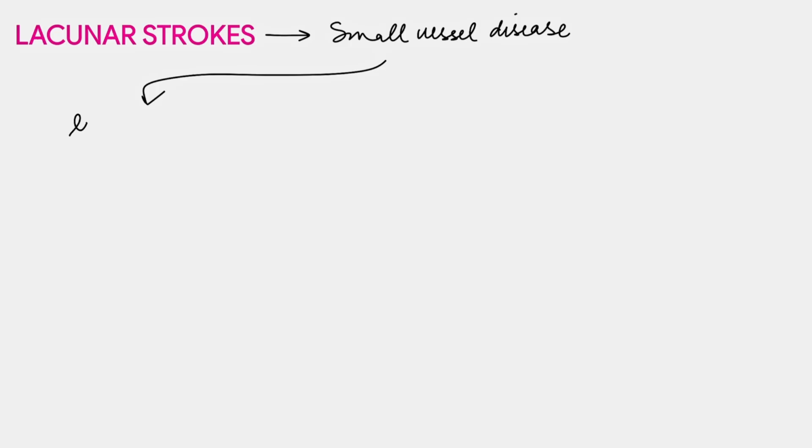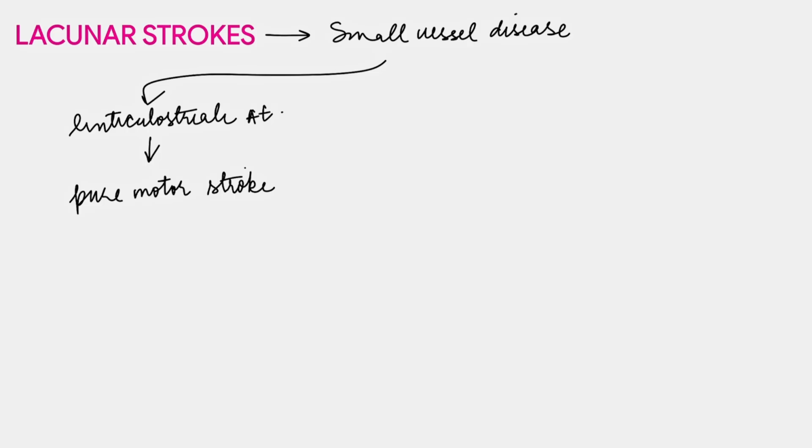So if there is a lesion in the lenticulostriate artery, the patient will have a pure motor stroke with no other symptoms. Why pure motor stroke? Because the lenticulostriate artery supplies the posterior limb of the internal capsule. It could be the thalamoperforator artery. In that case, the patient will have a pure sensory stroke.